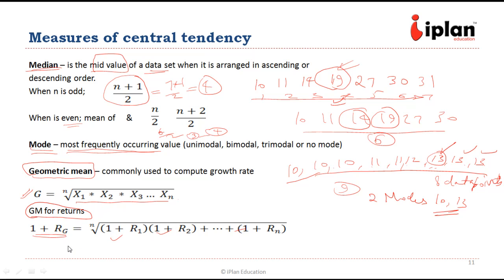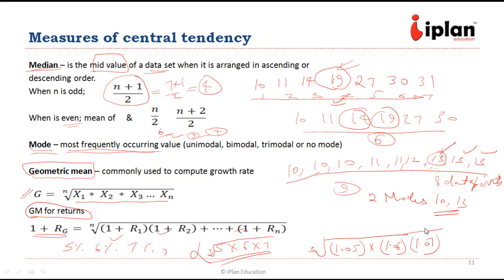For example, if the return is 5% in the first year, 6% in the second year and 7% in the third year, then the geometric mean of return is not going to be 5 into 6 into 7 and cube root. This is wrong. The right way of doing it is the cube root of 1.05 into 1.06 into 1.07, and for the rate we subtract 1 in the end. So this is going to be our geometric mean for returns.